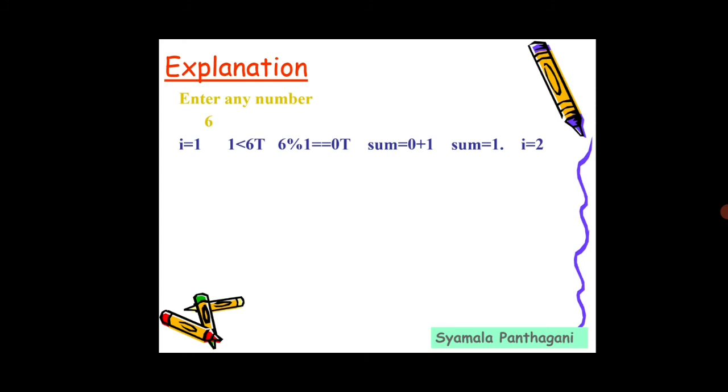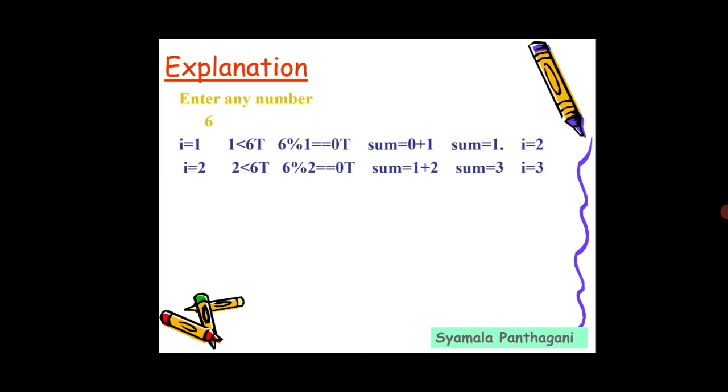Here we are adding every factor. In the previous program, we counted the number of factors, but here we are adding the factors. The initial value of sum is 0 plus 1, that is, sum is equal to 1, i is equal to 2.